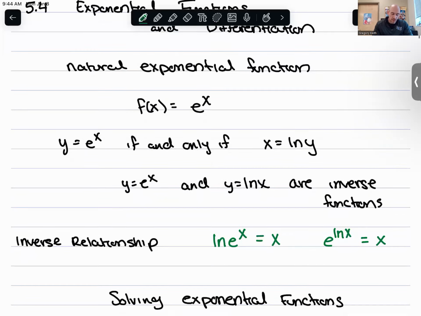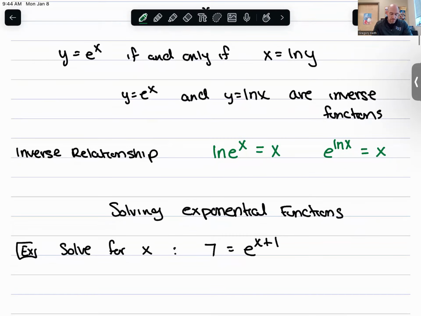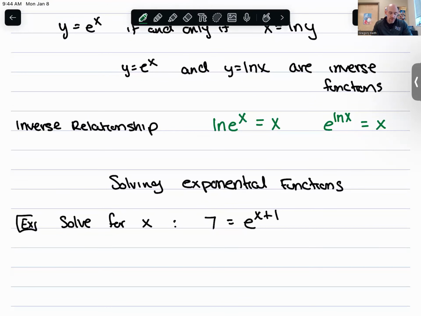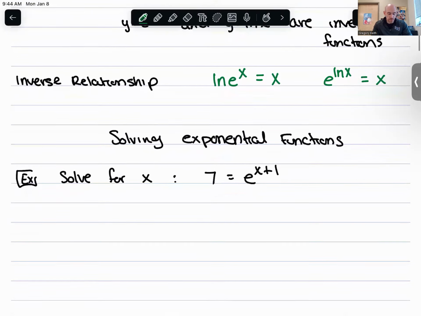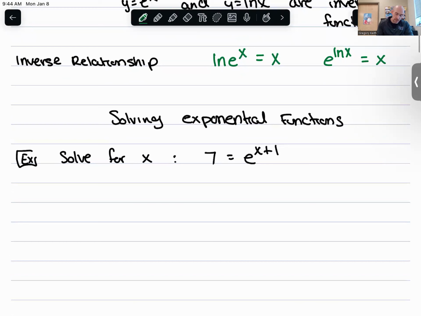So we're going to start off by doing some stuff that we did back in Algebra 2 and pre-calc, and we're going to do some solving with exponential functions. If you have an exponential function like so, 7 equals e to the x plus 1, our goal here is to get that x by itself. Well, the way that we get rid of that e is we're going to natural log both sides.